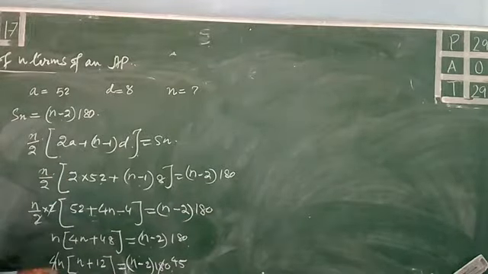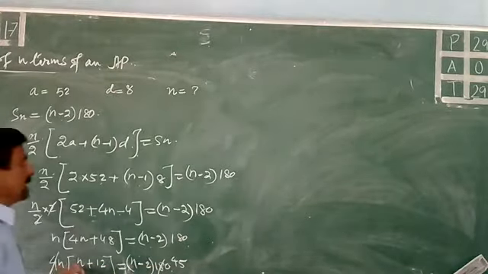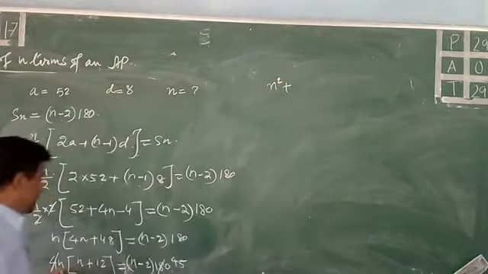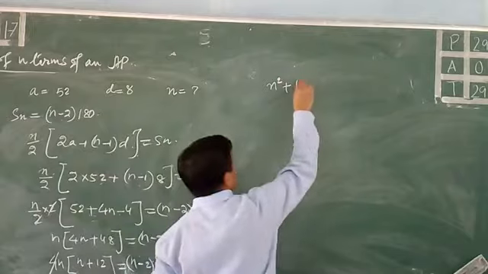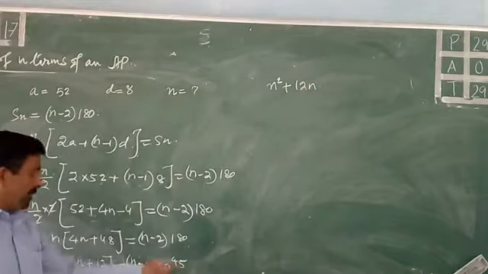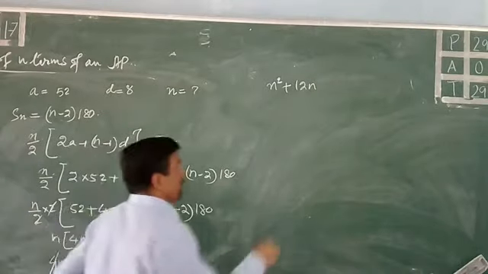Is it okay? Now we will simplify again. We will multiply this 2, and we will multiply this 2, then collect it together. So n into n is n square, plus 12n. This side we will have 45n, and then 45n comes to this side, it will become minus 45n.